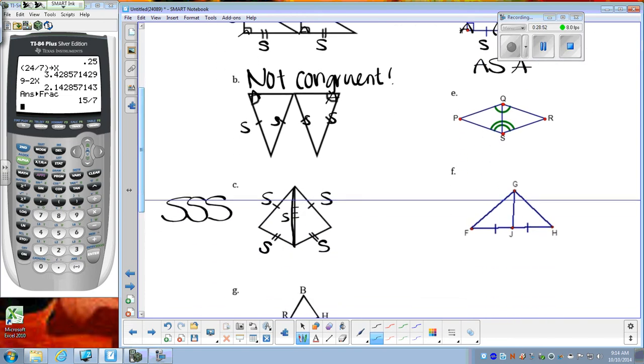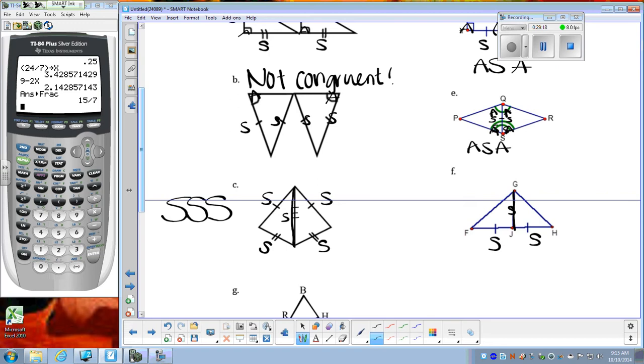Here I have PQS congruent to angle RQS, so there's an angle. I have the side they both use. And then I have PSQ congruent to RSQ. So those two are angle, side, angle. With this one, I know FJ is congruent to JH. And I know both triangles use JG.